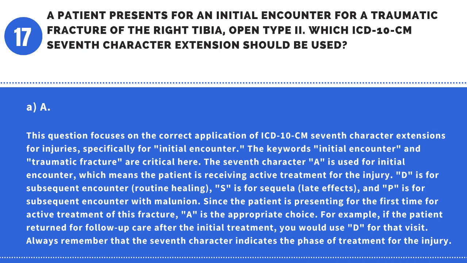D is for subsequent encounter, routine healing, S is for sequela, late effects, and P is for subsequent encounter with malunion. Since the patient is presenting for the first time for active treatment of this fracture, A is the appropriate choice. For example, if the patient returned for follow-up care after the initial treatment, you would use D for that visit. Always remember that the 7th character indicates the phase of treatment for the injury.